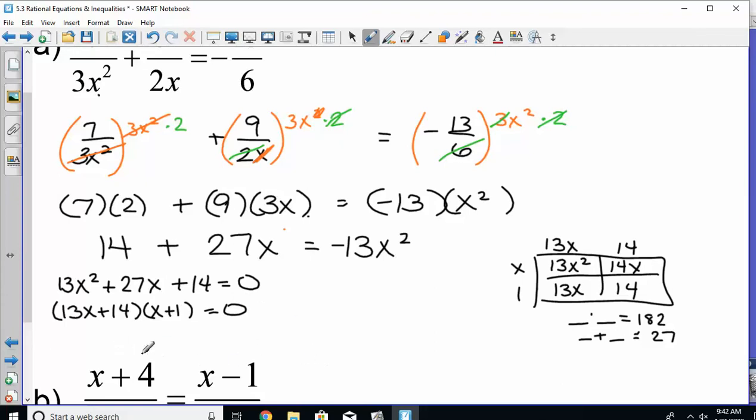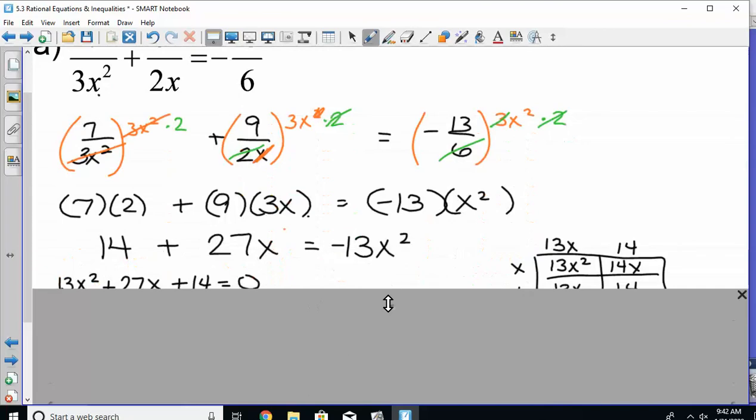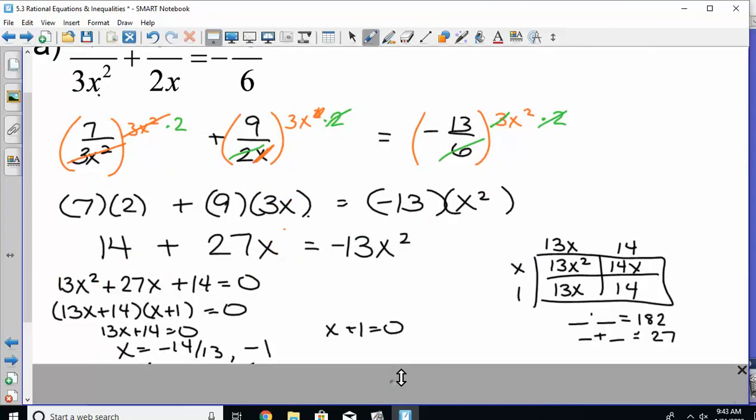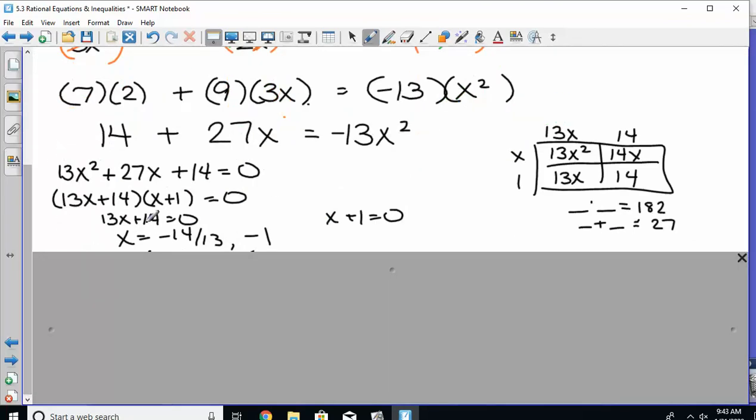If we set each of those equal to 0, we get negative 14 over 13 and negative 1. Are both of those okay answers? Yeah, we just said that x couldn't be 0, so these answers are certainly fine.